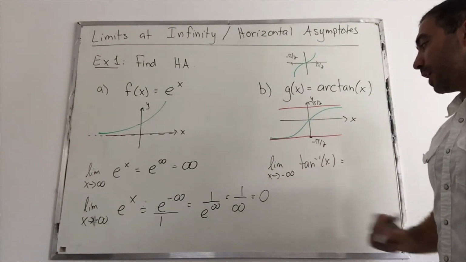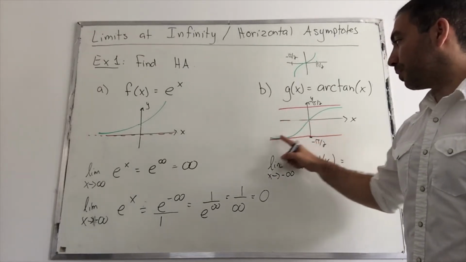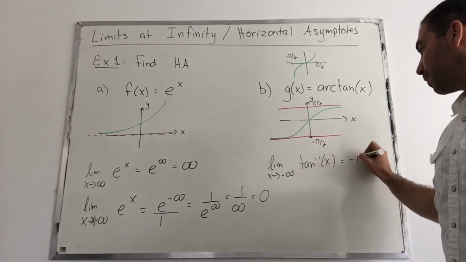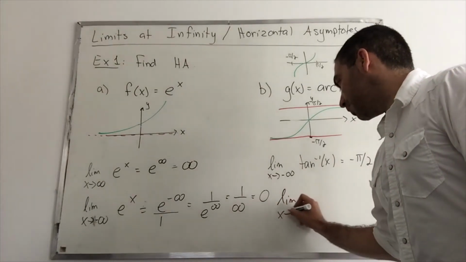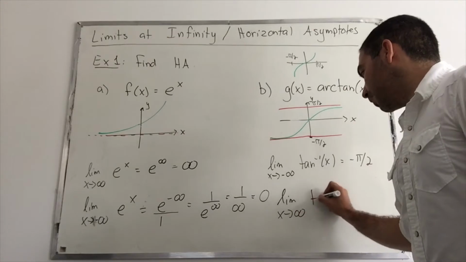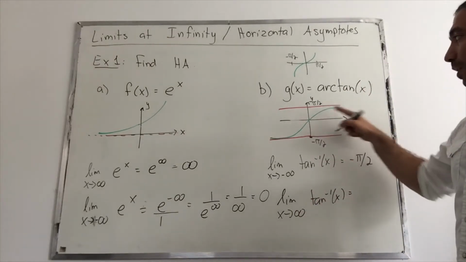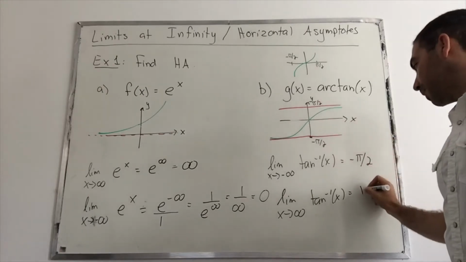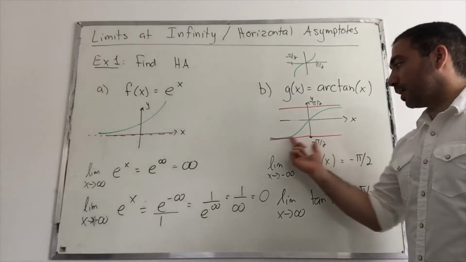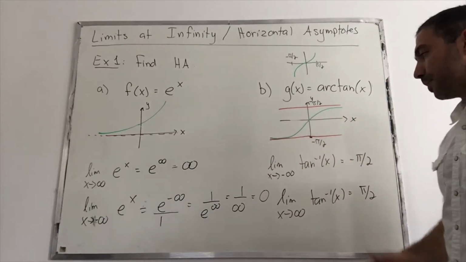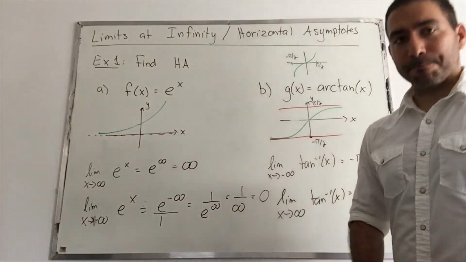So as x goes to negative infinity, the function approaches negative pi over 2. And similarly, the limit as x approaches positive infinity of arctan. Now if we go in the positive direction, the function approaches positive pi over 2. Okay. So we have a horizontal asymptote at negative pi over 2 and at positive pi over 2. Okay. So let's keep looking at some examples.